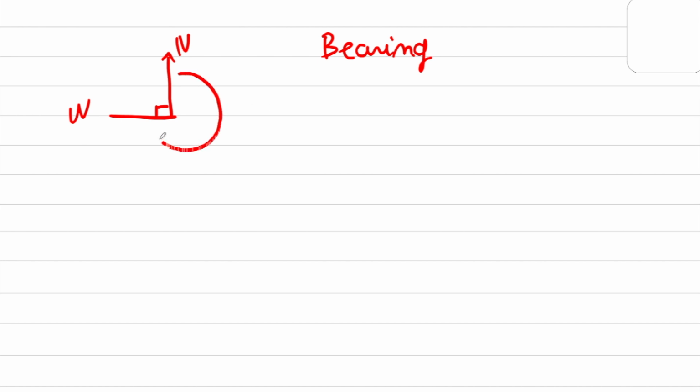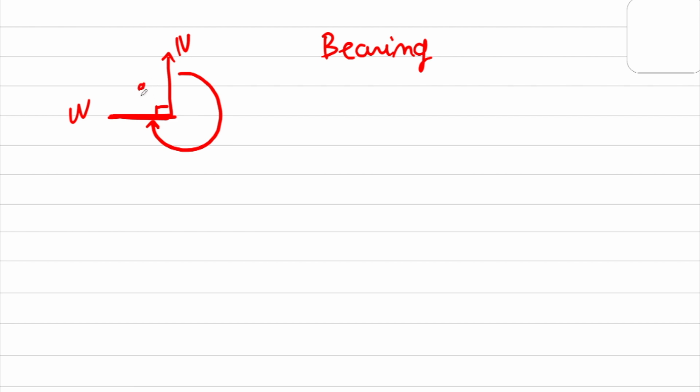Once again, I want to give you another example. Here is north and here is west. So what is the bearing angle for this case? Remember, the bearing angle is always made from the clockwise turnaround. So from here, I have to move around by this one until I see this side.